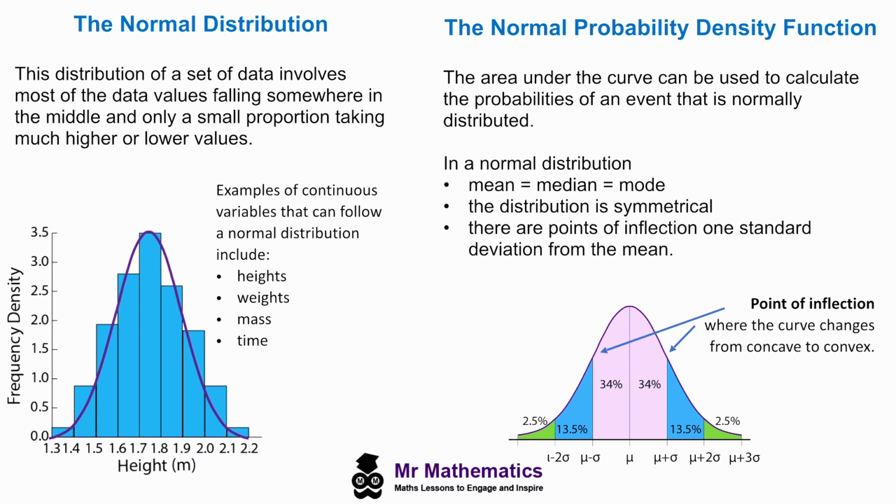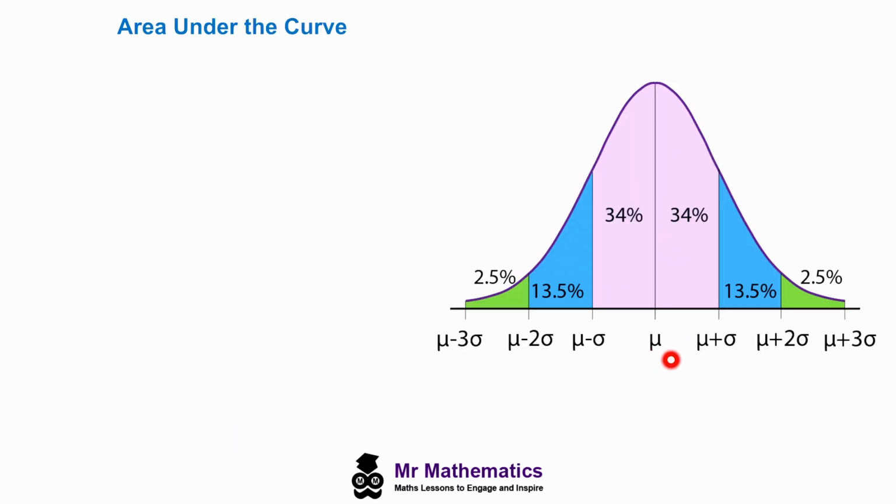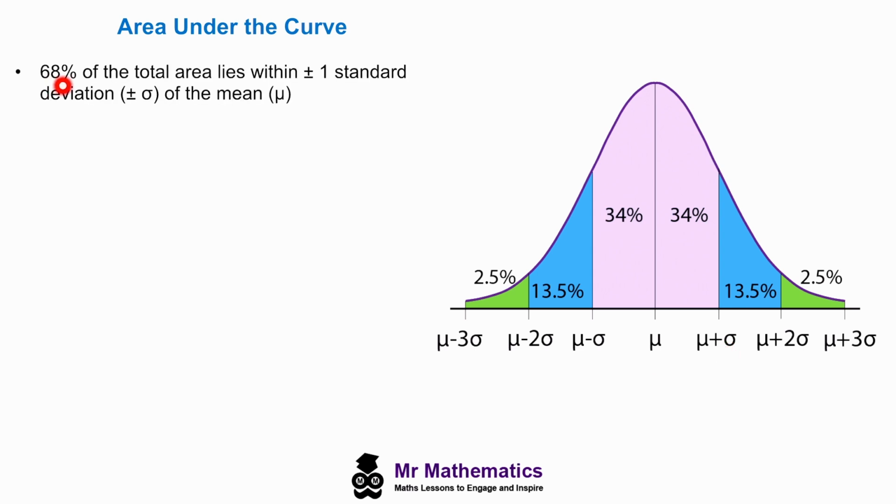So if we look more at the area underneath this curve, we define mu as the mean average and sigma as the standard deviation. So 68% of the total area lies within plus or minus one standard deviation of the mean. You can see this would be the average take away one standard deviation, an area of 34%. And the same is true on the other side, where you've got the average plus one standard deviation.